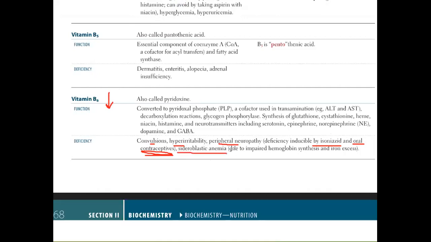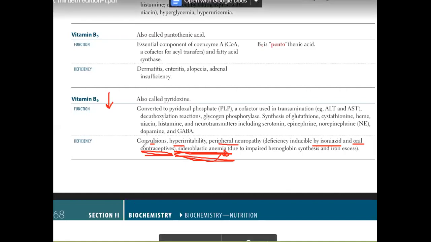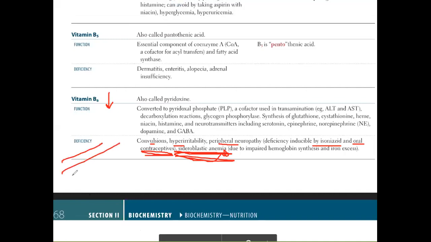And sideroblastic anemia, in which you see sideroblasts in your blood, and it affects your spleen as well, because RBCs are being broken down and you have splenomegaly. You have to remember this, because when you are completing the vitamins course, you will be reading microcytic anemia, macrocytic anemia, sideroblastic anemia, iron deficiency anemia.